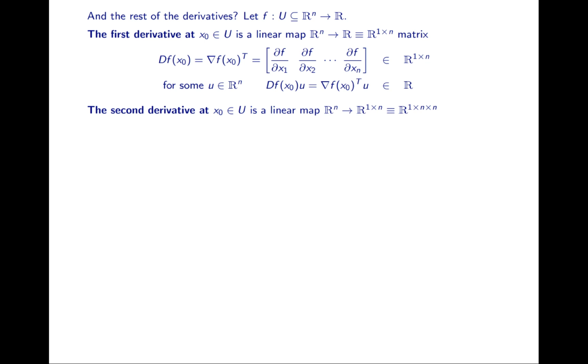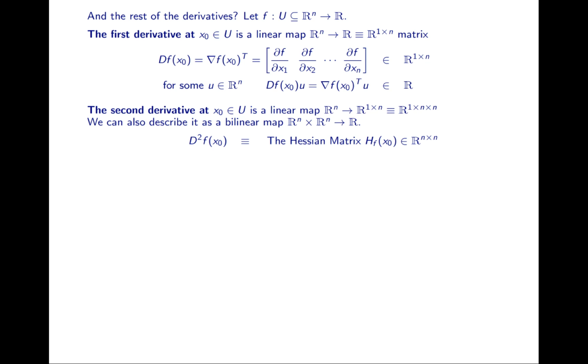We could represent that as a 1 by n array, which of course we can represent as an n by n Hessian matrix. We can also think of it as a bilinear map that maps two vectors in Rn to a number in R. So we know that the second derivative at x0 is equivalent to the Hessian matrix, which is an n by n matrix. So this bilinear map is equivalent to taking v transpose times the Hessian times u, which of course gives me a number.